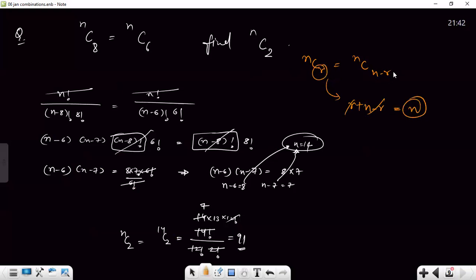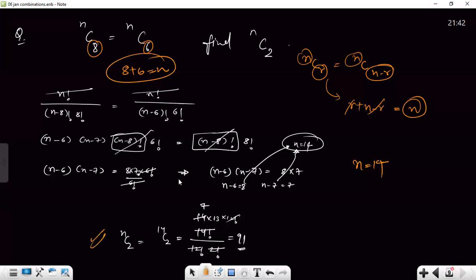If the sum of both equals n, then they are definitely equal. So 8 plus 6 should equal n, so n is 14 here. Now from this, our question is directly solved.